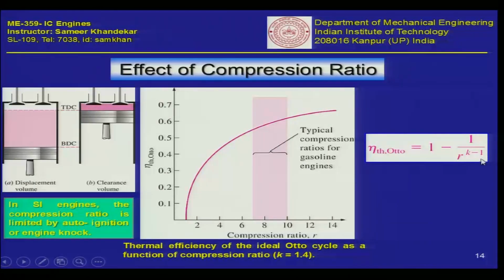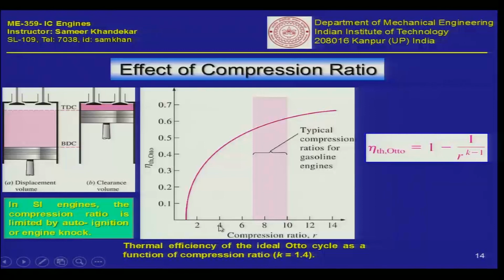If I fix k to be 1.4, let us say for an ideal system, and then I see the effect of changing R, say from a low value of 1 up to 14, what do we see? We see very clearly that the efficiency of the Otto cycle directly depends on the compression ratio.